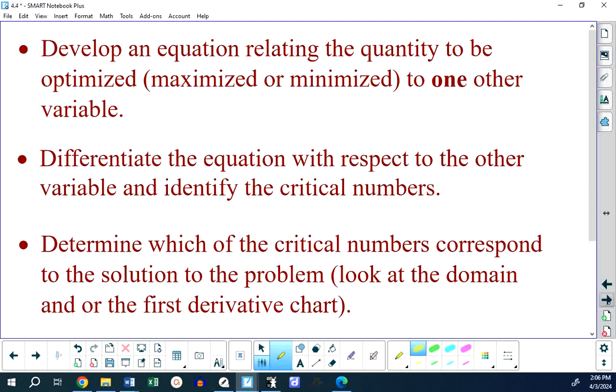And a lot of the time you only have one critical number to begin with. So it's going to be very rare that you need to complete a first derivative chart to answer these questions. In a post-secondary setting, you might be required to do a first derivative chart to confirm that that only critical number does in fact correspond to a maximum or to a minimum or whatever the case is.